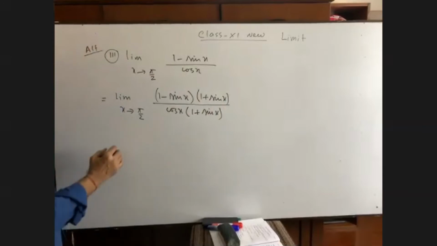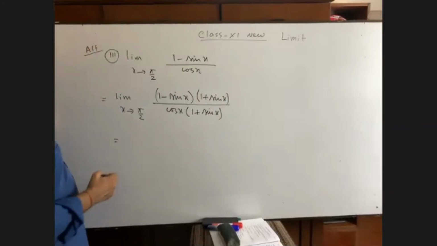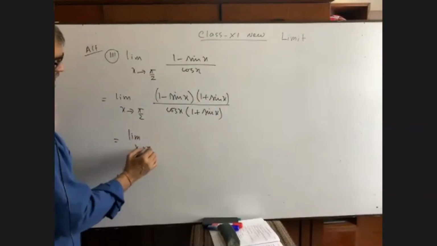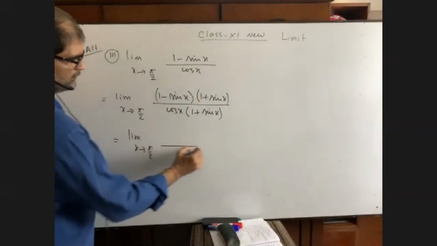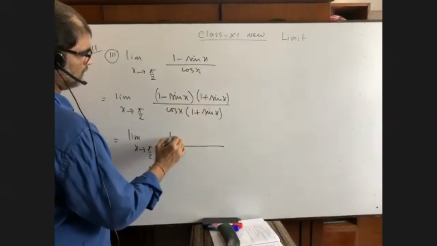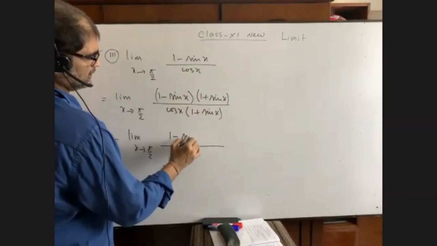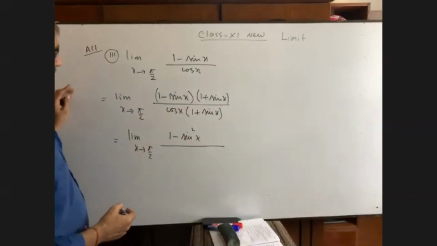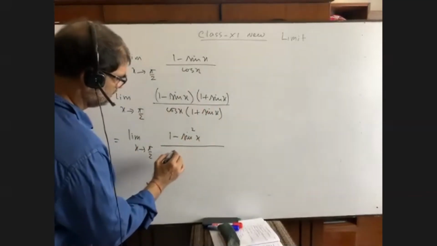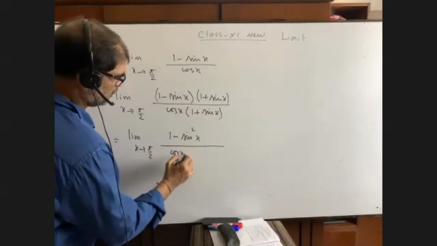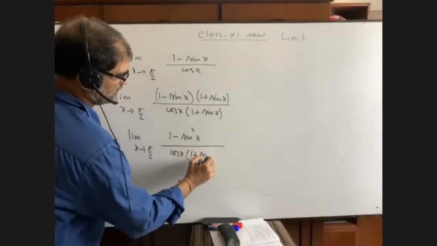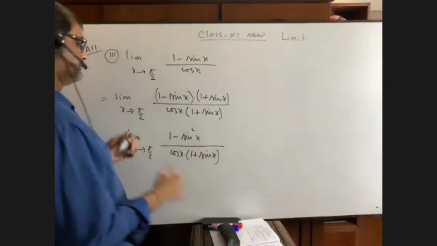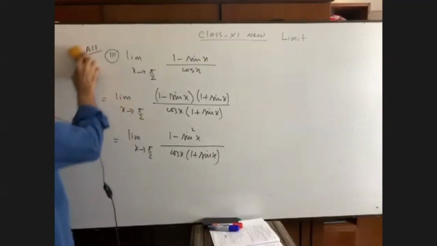Now you see, we are getting here limit x tends to pi by 2, here it is 1 minus sin square x, and here it is cos x into (1 plus sin x), right? Is it?